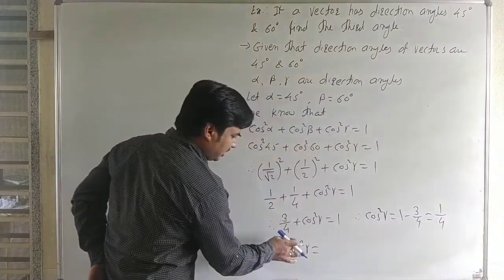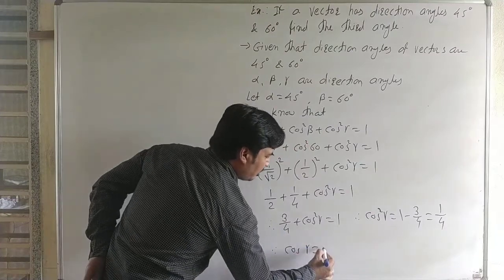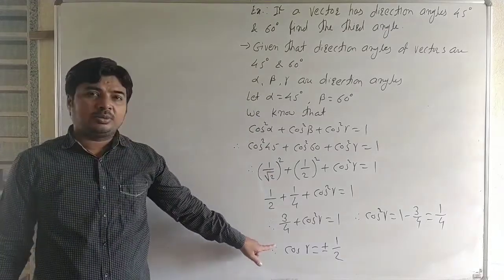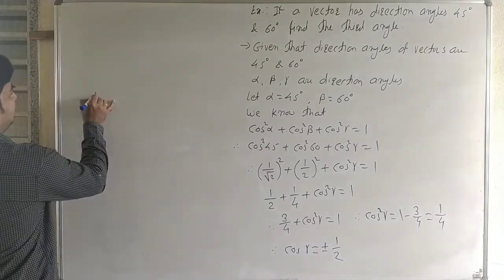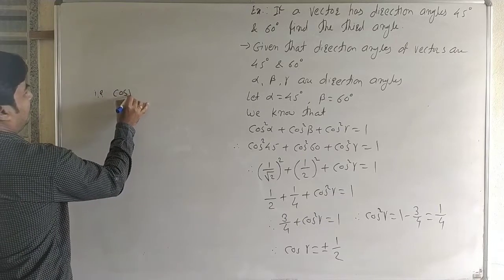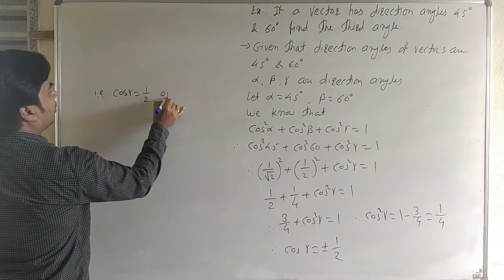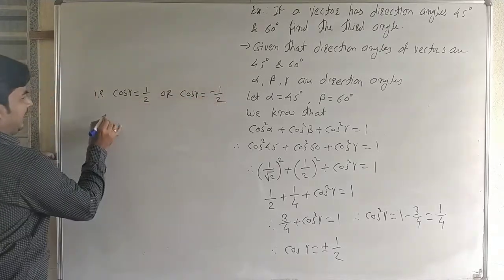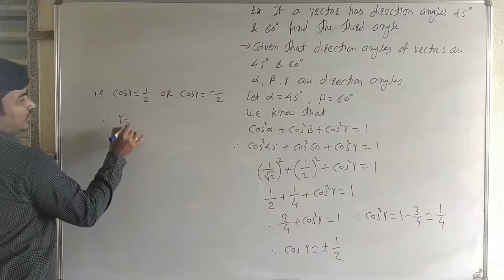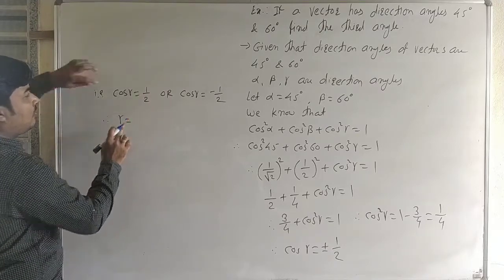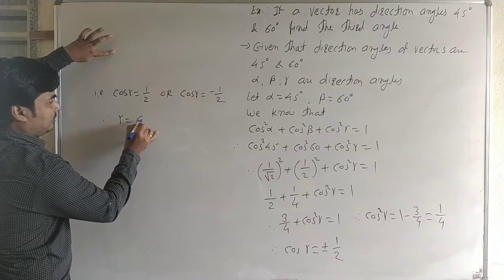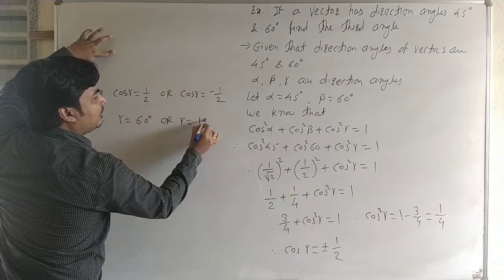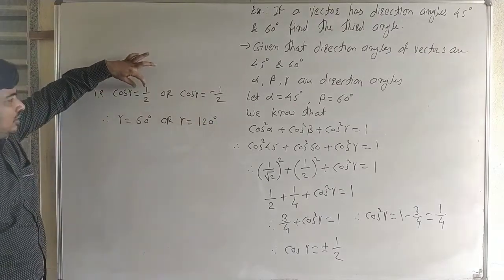Then cos gamma is plus or minus 1 by 2. That is, cos gamma is equal to 1 by 2 or cos gamma is equal to minus 1 by 2, and therefore the third angle is 60 or gamma is equal to 120 degrees.